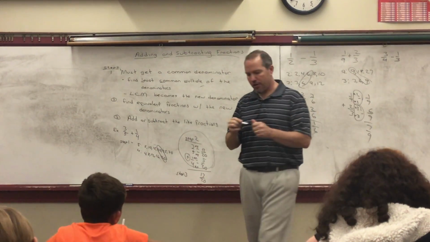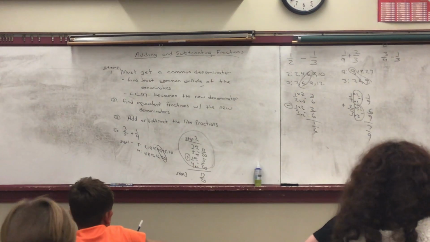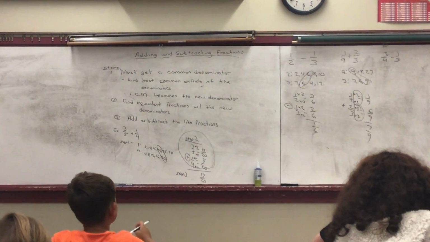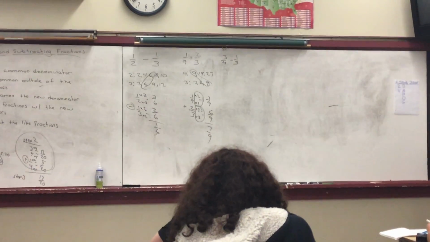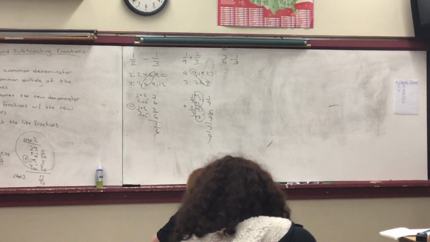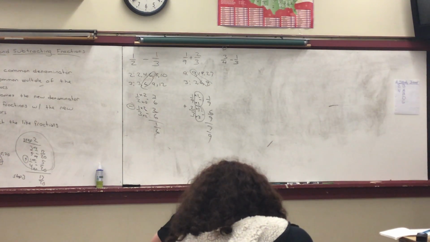Three-fourths minus 1/3. Go ahead and do this one all on your own. Step by step. Do step 1: get your common multiple.